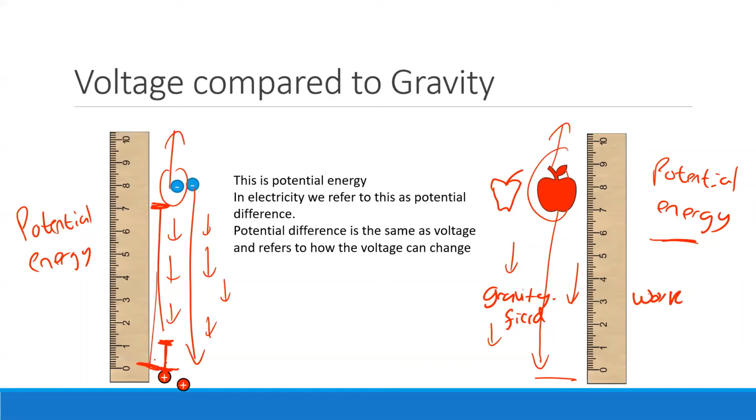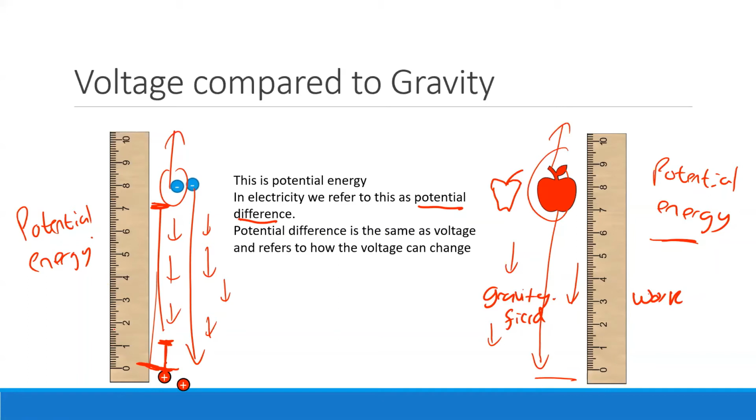In electricity, we refer to this as potential difference, because potential energy is created as I make a difference between the 2 points. As I raise these electrons up or push these electrons together, then I'm going to create a potential difference.